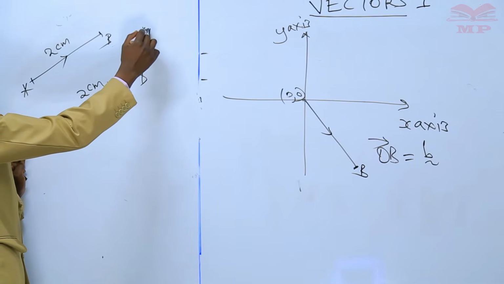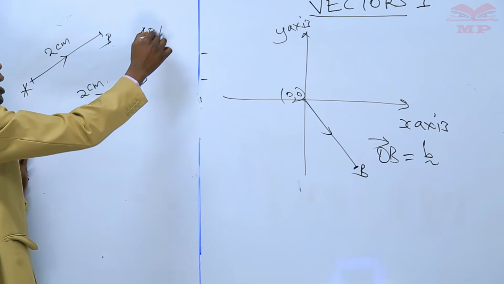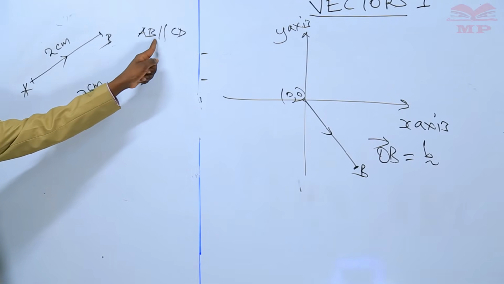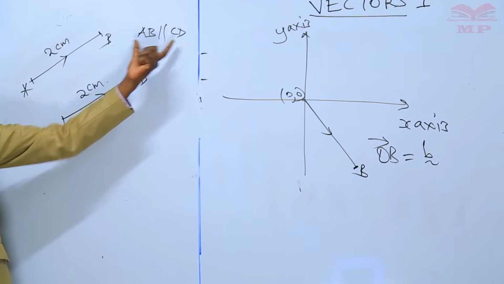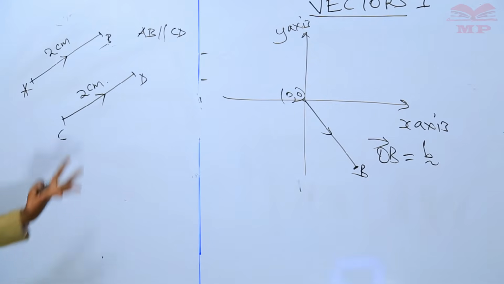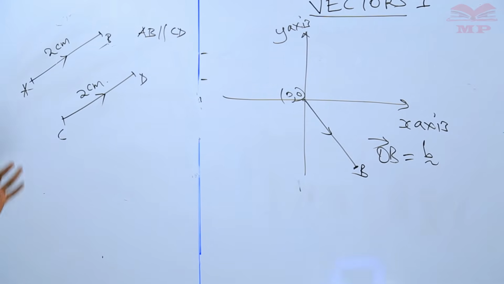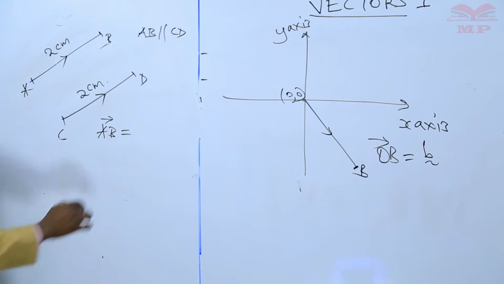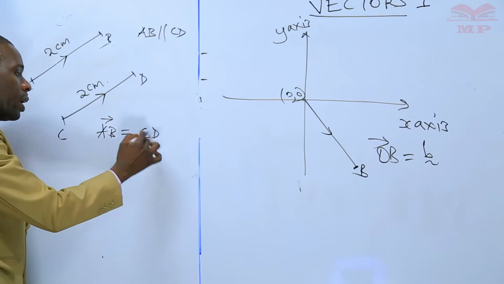We can write that as AB, these two lines are parallel, CD. Now, this sign shows that AB is parallel to CD. So if we are told that they are parallel, meaning they are moving in a similar direction, and the length of AB, which is the magnitude of AB, is 2 centimeters, and the length of CD, which is the magnitude of CD, is also 2 centimeters, then we can say that vector AB is equal to vector CD.